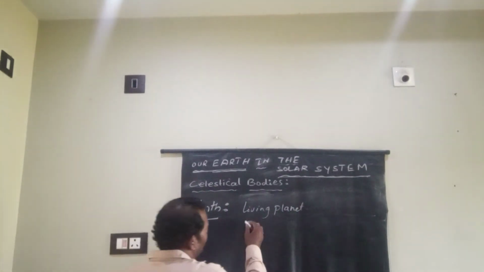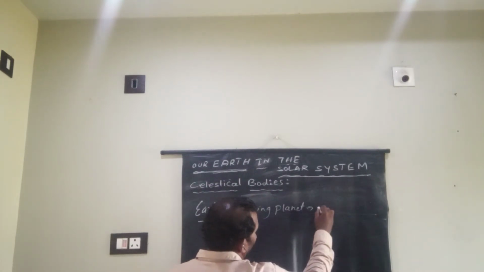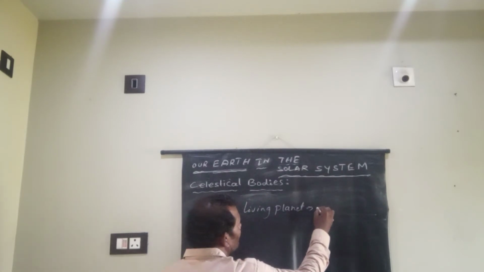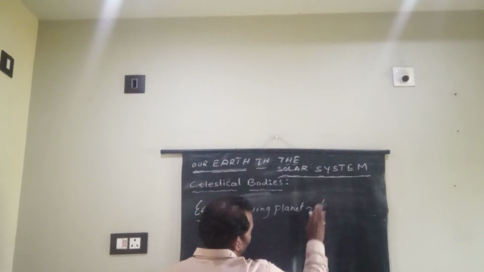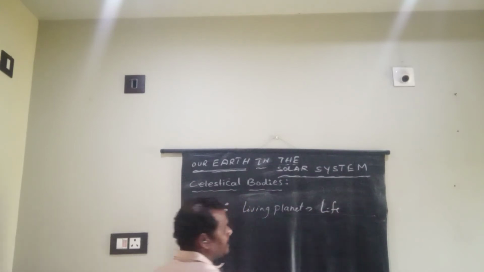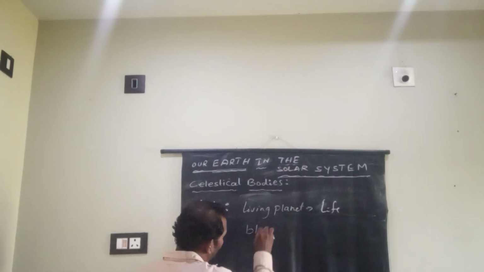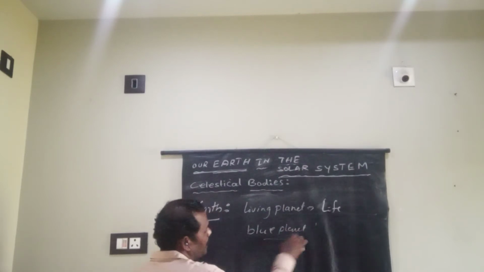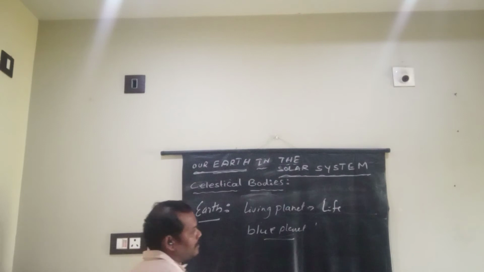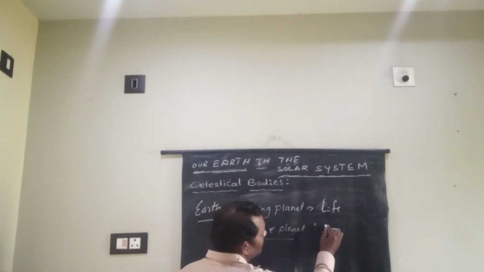And why is the Earth called the living planet? Because it is helpful to life. Life is possible here. In that way, it is the living planet. And another name is the blue planet. Why is it called the blue planet? Because it is covered by water.